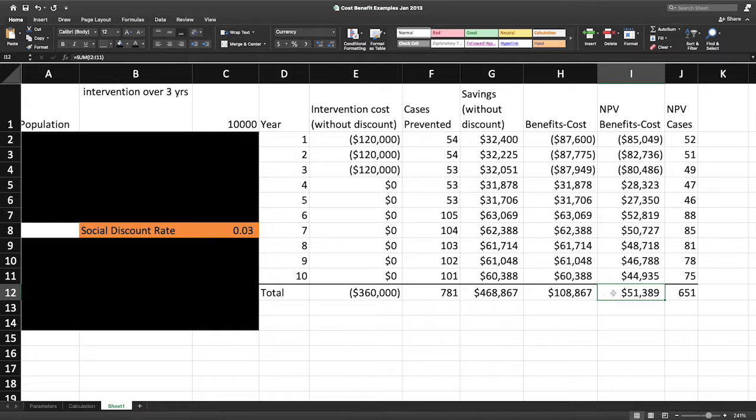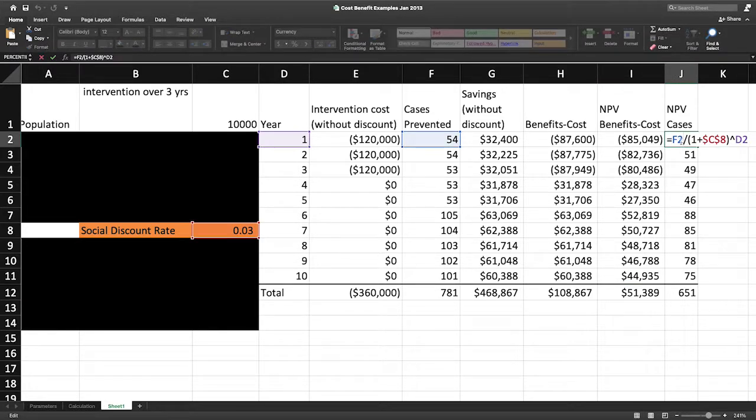But also remember, like I said, we do the same thing with our cases. It's the exact same calculations, but we do it with cases. So for example, in year one, it's the exact same calculation, but instead of the benefits minus the cost, we use cases. So we have 54 cases divided by 1 plus the social discount rate of 0.03 and raise that to the value of 1.